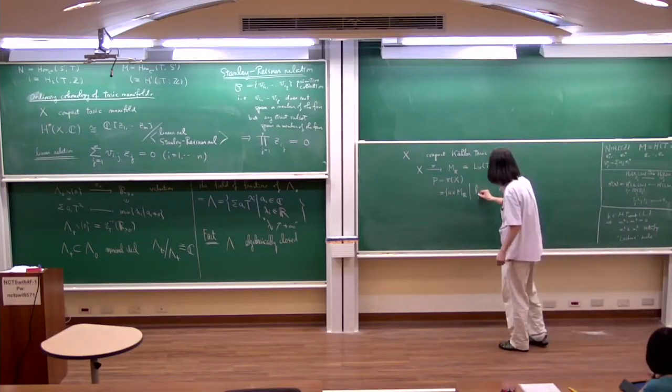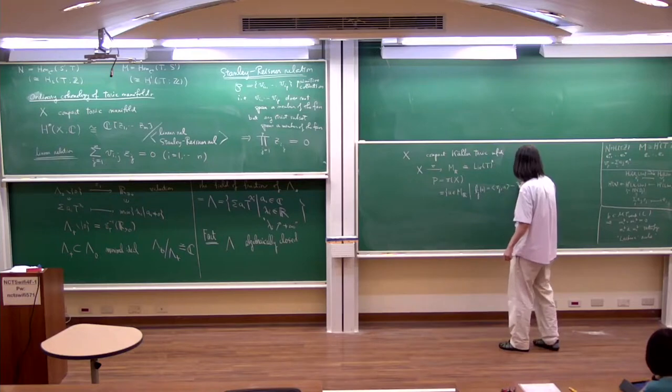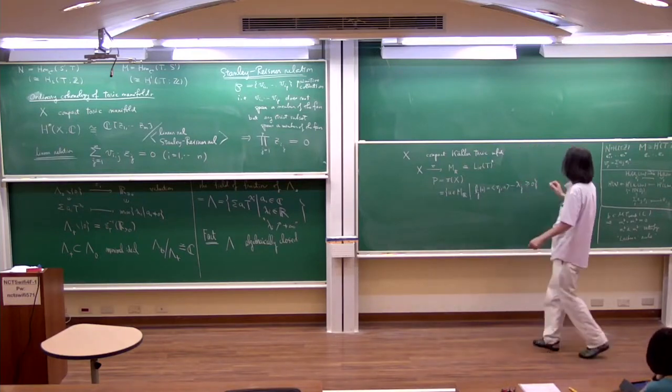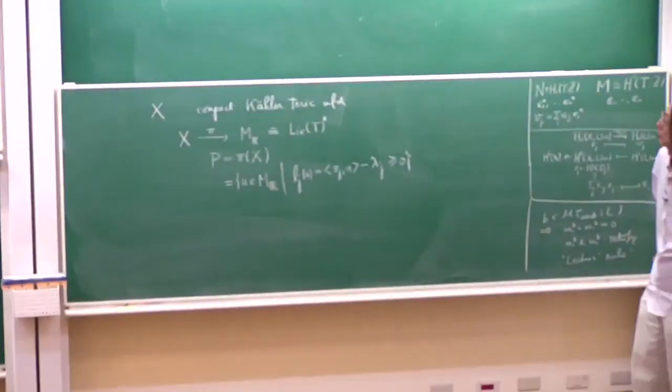Like l_j of u is by definition v_j · u minus lambda_j, and it is positive. Okay.